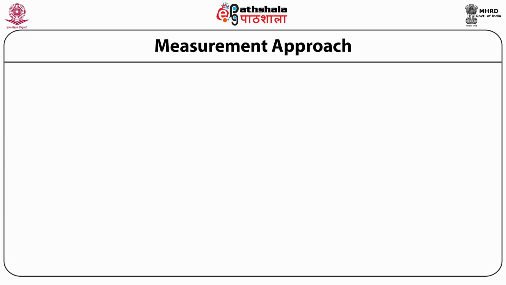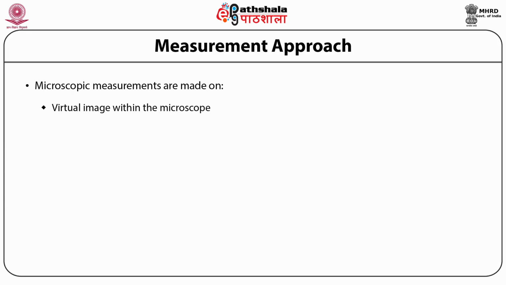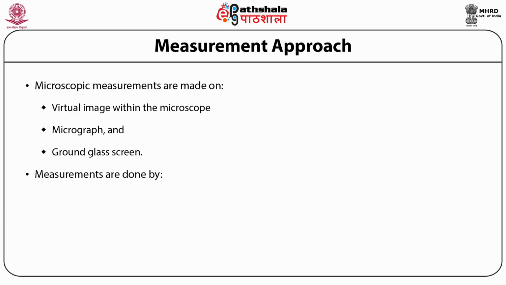In the measurement approach, microscopic measurements are made on the virtual image within the microscope, the micrograph, and the ground glass screen. Modern microscopes are equipped with image analyzing facilities and other completely automatic quantitative measurements. Measurements are done by comparing with standard charts or templates. Secondly, it is calculated using a square grid.